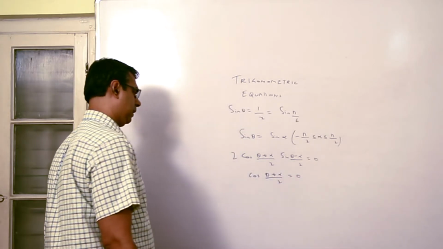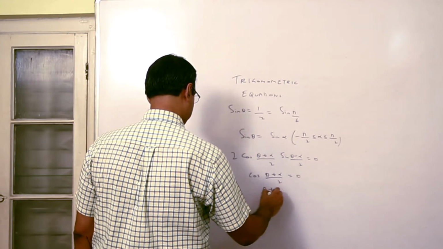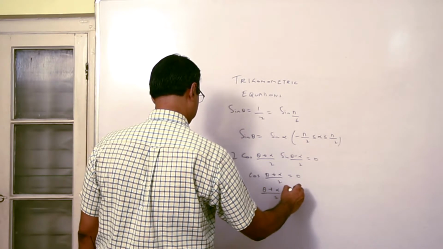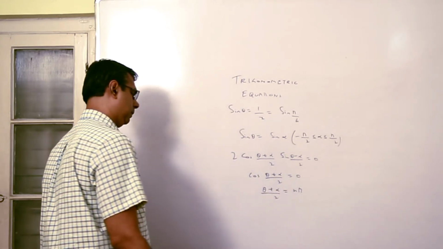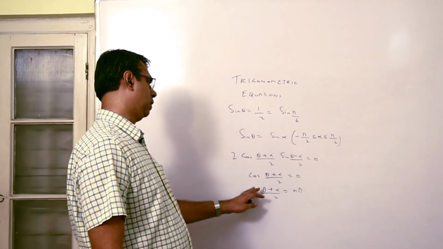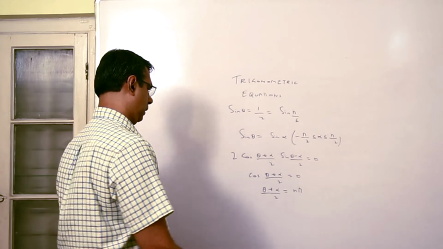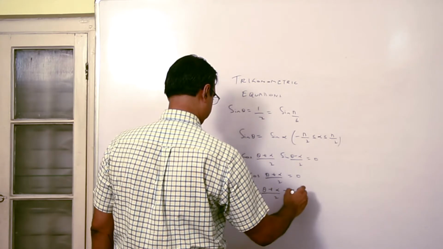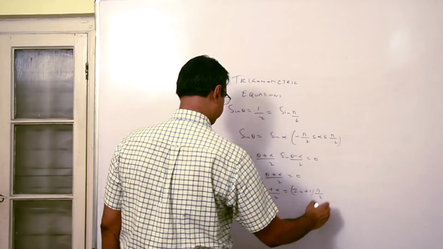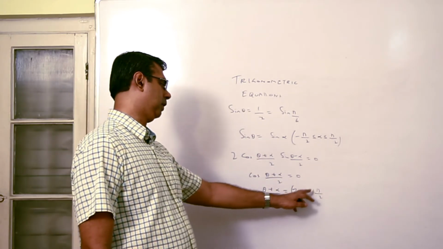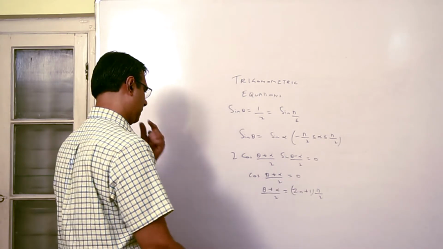Now if cos of (theta plus alpha) by 2 is 0, it means that theta plus alpha by 2 is an odd multiple of pi by 2, because you know that cos of an odd multiple of pi by 2 is always 0.